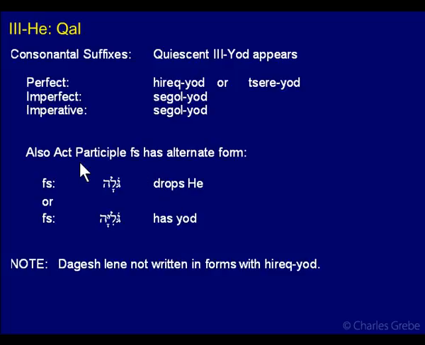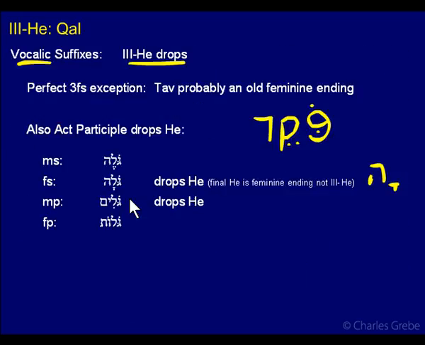One other thing here, the active participle, feminine singular, has an alternative form. Remember, just a couple slides ago, I said gola is the, let me just go there. Here, gola has the kametz he ending, and the he, the third he of the root drops. Okay, and you add this because this is the ending.